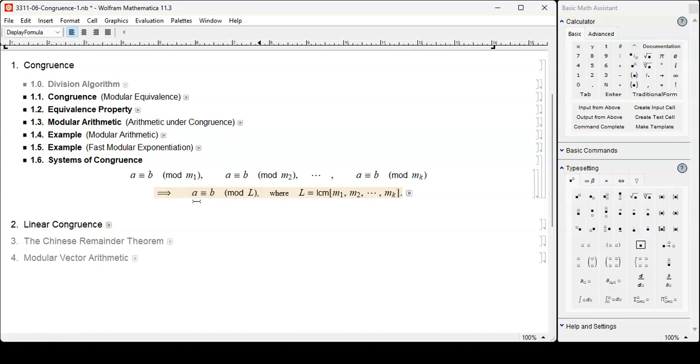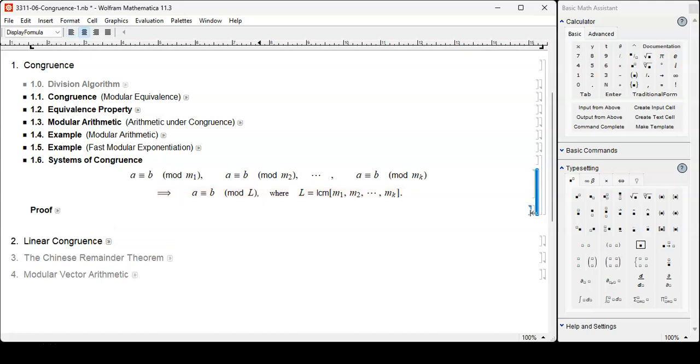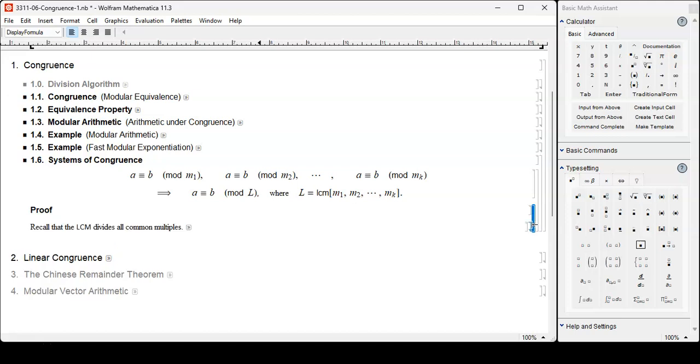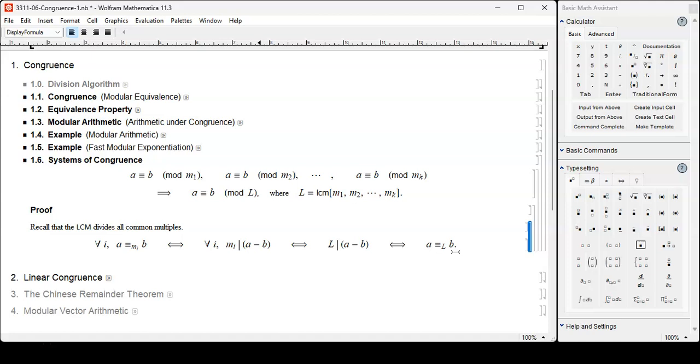The difference between the two, left-hand side minus right-hand side, A minus B, must be divisible by M1, M2, M3, all the way up to Mk. Therefore, it is divisible by the LCM. So the difference is divisible by every Mi, and that's the same as divisible by the LCM.